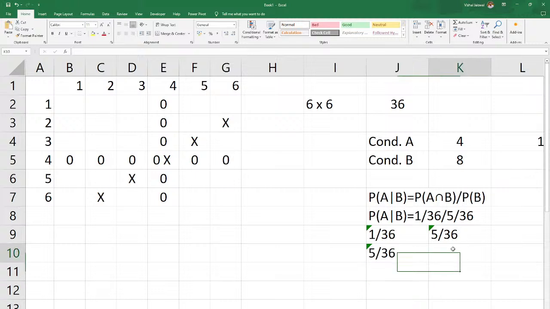Now, if you solve this, the answer is 0.2. I have kept the solution very simple just to explain it better.